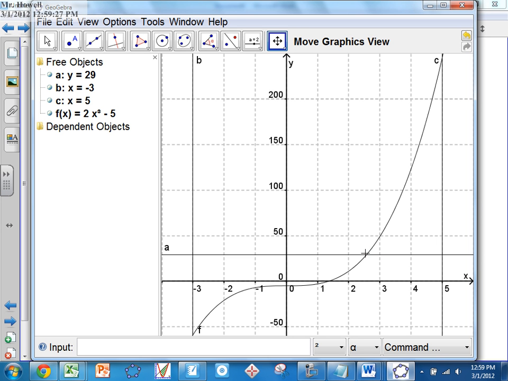If it says the average value is 29, but then asks at what location does the cubic function take on that value, what you're really looking for is the intersection of these 2 objects, right there, which in this case, the location is about 2.5, as Karen said, but the height is 29. Keep that in mind, people. Look at trapezoidal.